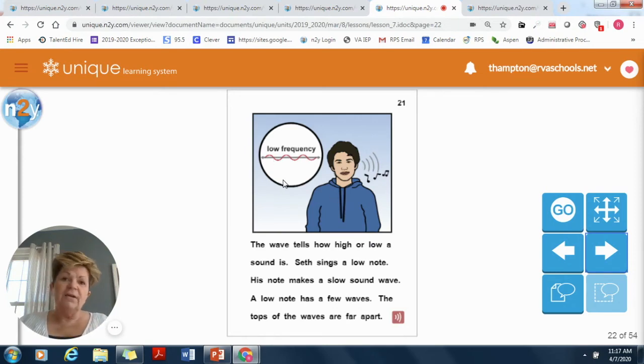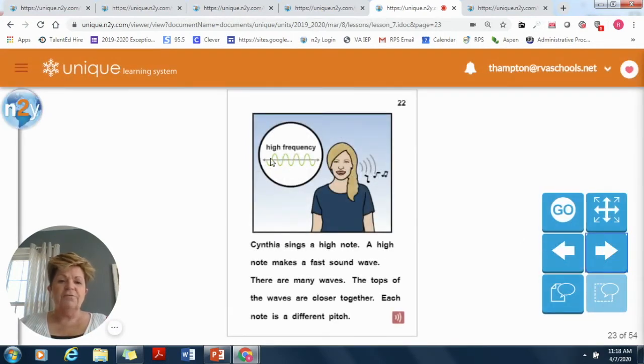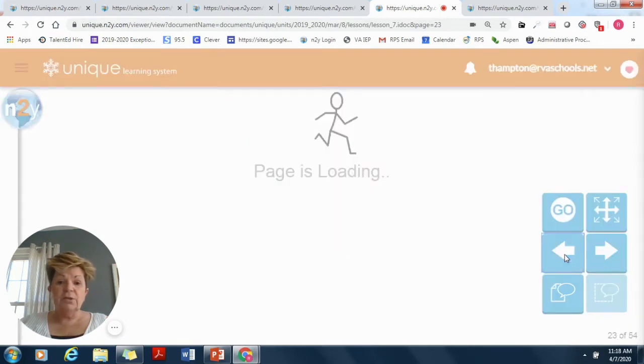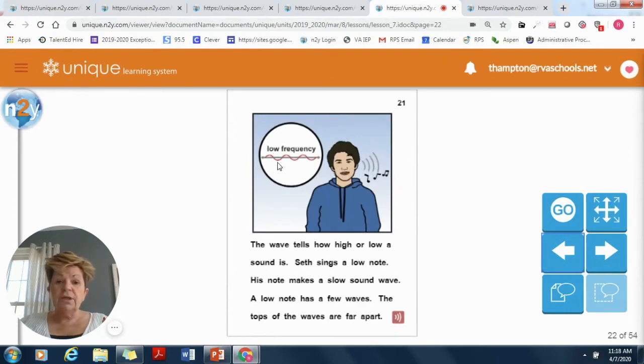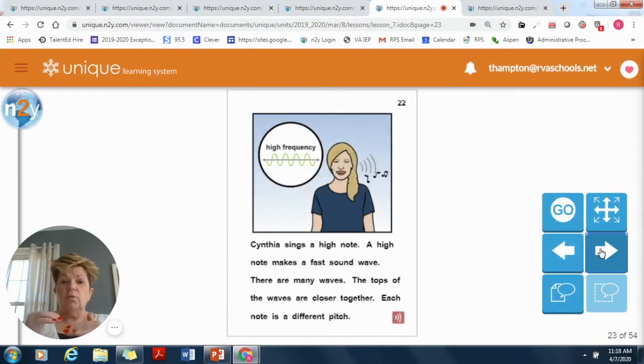So then at the high frequency, who can remember the wavelength? Is it close together or further apart? The high frequency is closer together. And we also remember that the low frequency had a shorter, shallower wave, while the high frequency has a taller wave and those wavelengths are close together.